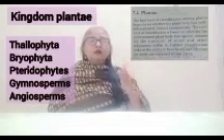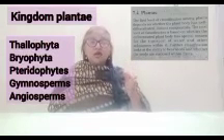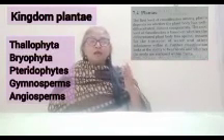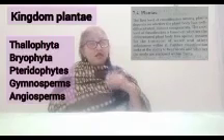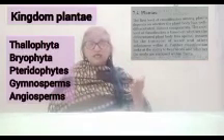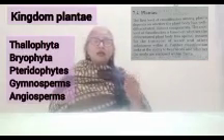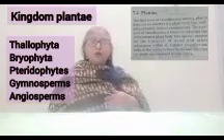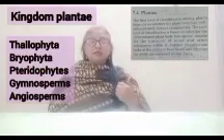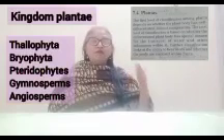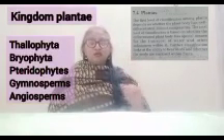And the third level of classification is whether these plants are able to bear seeds. And if they are able to bear seeds, whether the seeds are covered or naked. So on the basis of all these, they have been divided into 5 divisions.